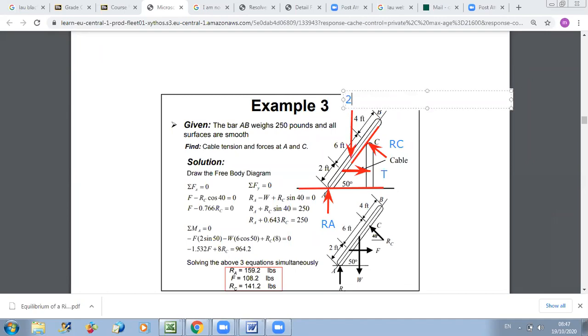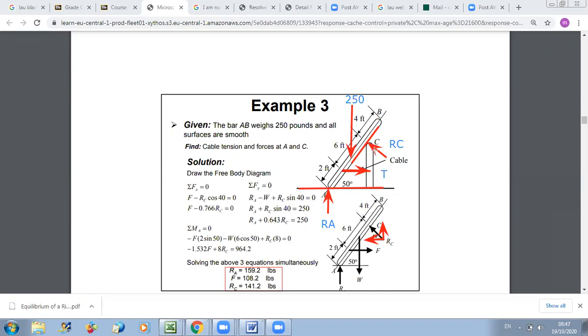Okay, now I will start to write my three equations. My first equation, let's say, is sum of forces along x equals 0. To be able to do sum of x, I need to project RC into two components, along y and x. How to project it? I should know the angle of this force.